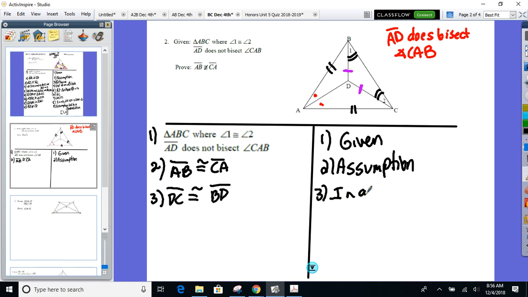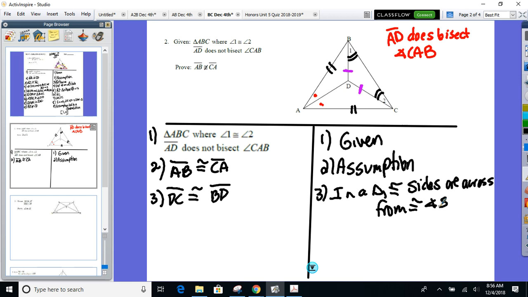In a triangle, congruent sides are across from congruent angles. Thank you, Orion, for a pair of sides.